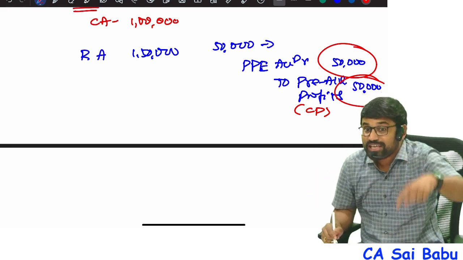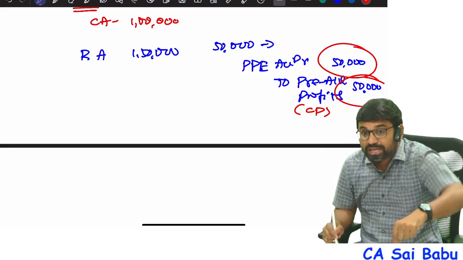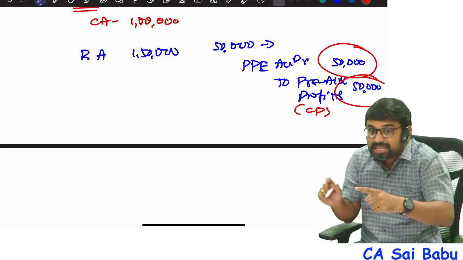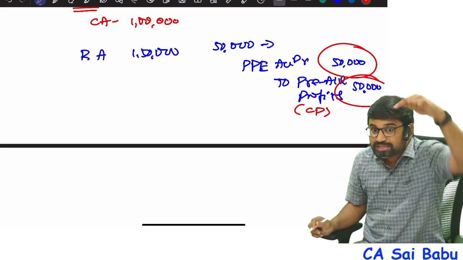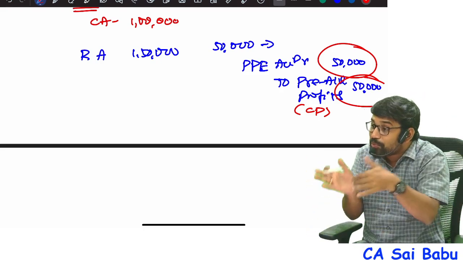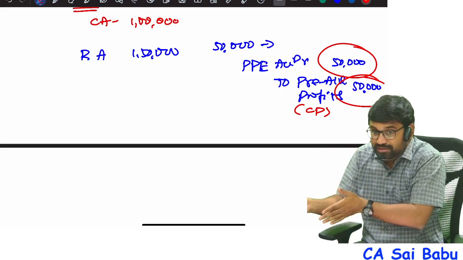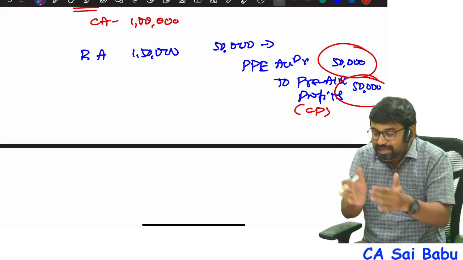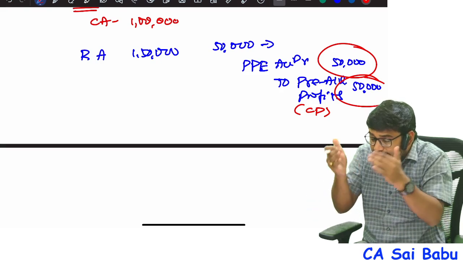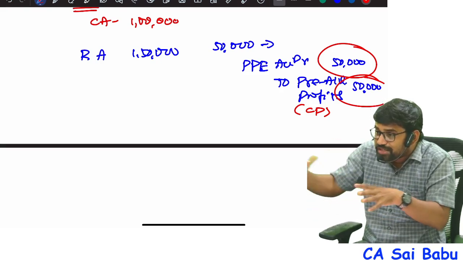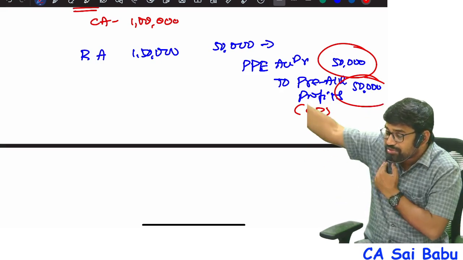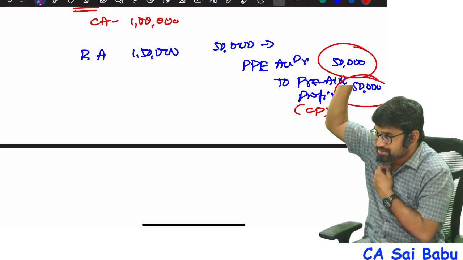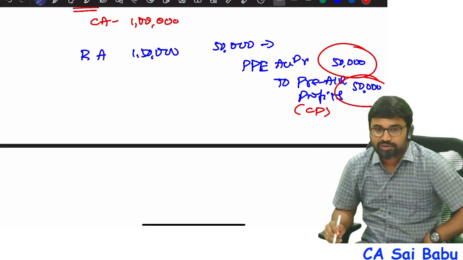So whatever I am analyzing in step number 3 is entirely affecting the accounting treatment. Because this pre and post, I apportion between parent and minority interest, not subsidiary. After that I adjust them: pre-acquisition profits to cost of investment, post-acquisition profits to consolidated reserves. So you have to be very careful.